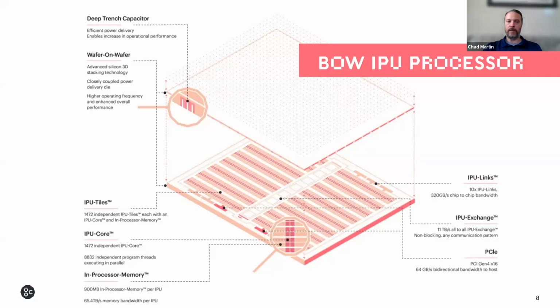So it's not bounded by external communication. And then we do have a PCI Express connection that ultimately goes to the host, but it's a little different in our architecture. I'll show that a little bit on a further slide, how this chip connects up to the host system, because that is also different than what you'll see elsewhere.